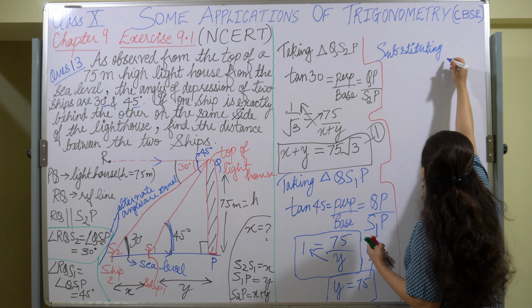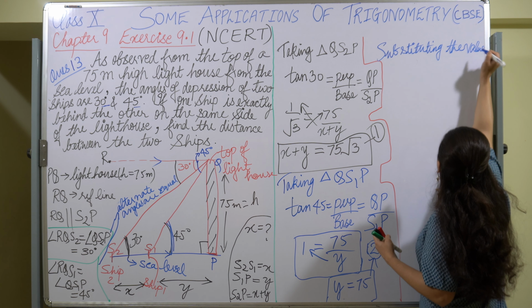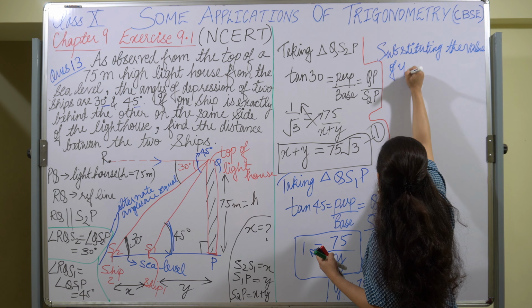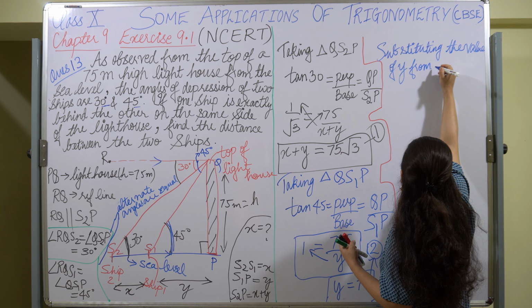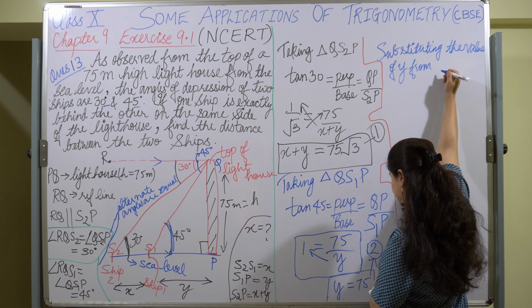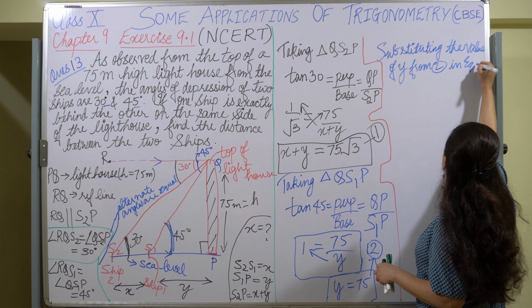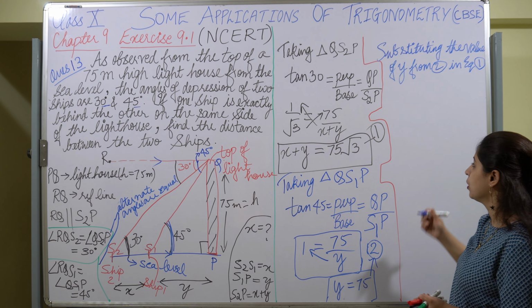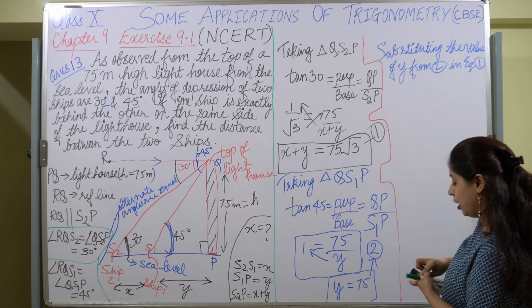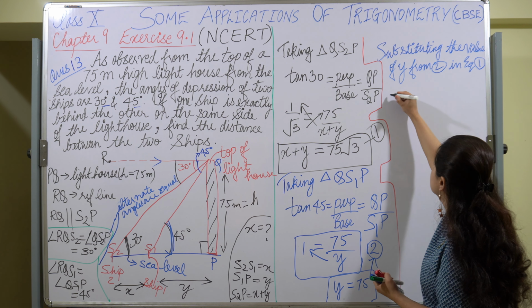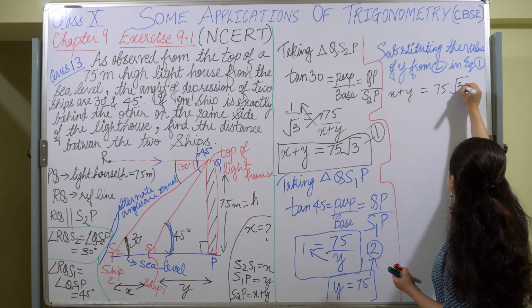Substituting the value of y from the second equation in equation 1. Equation 1 is x plus y equals 75 root 3.